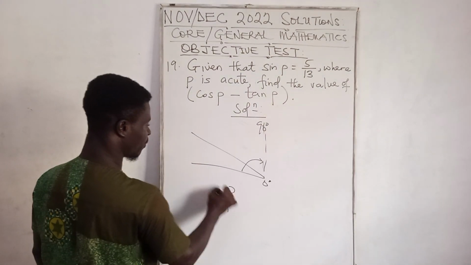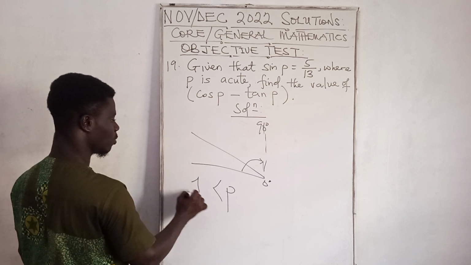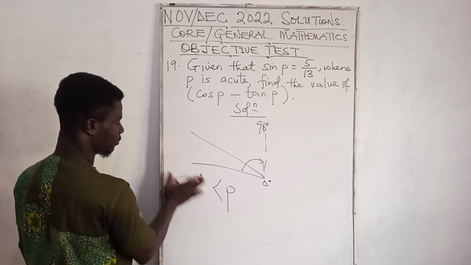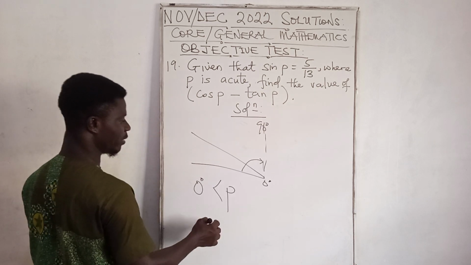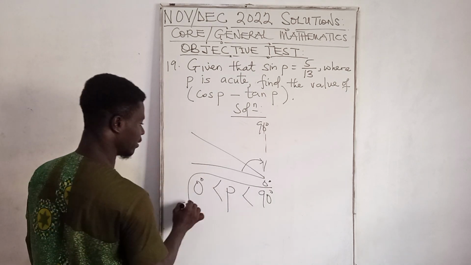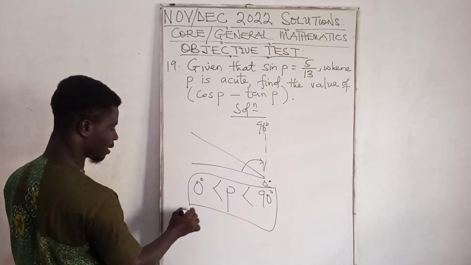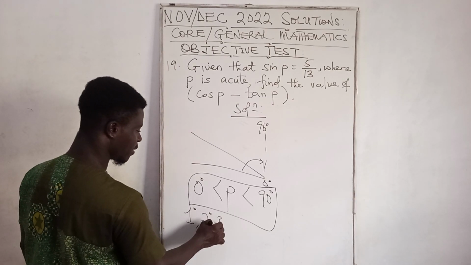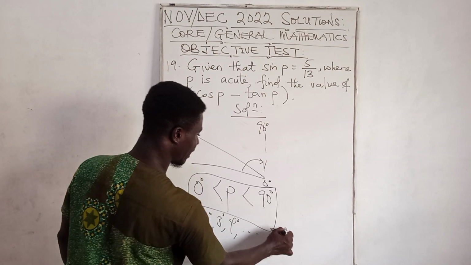So I can say that p must be within this range. It must be greater than 0 degrees but less than 90 degrees. So it must start from 1 degree, 2 degrees, 3 degrees, 4 degrees, up towards 89 degrees.